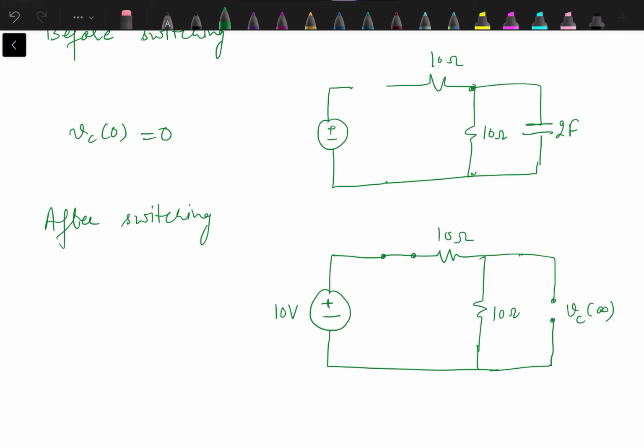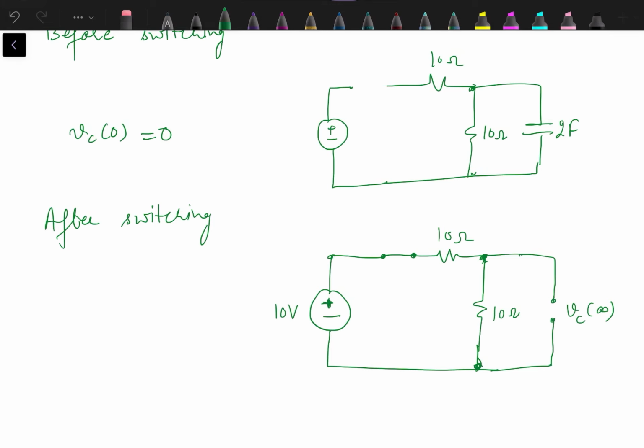Now this 10 volt source will actually get divided across these two resistances since they are connected in series. So whatever the voltage is across this 10 ohm resistance, that is the voltage across the capacitor.